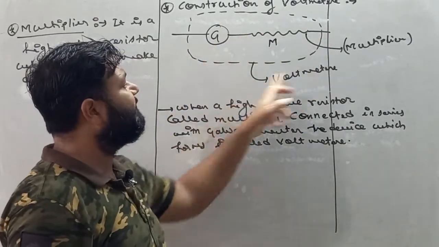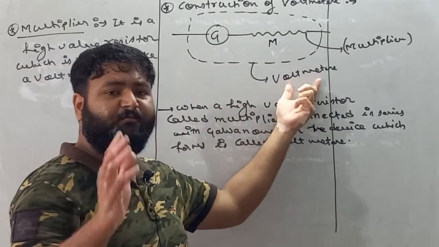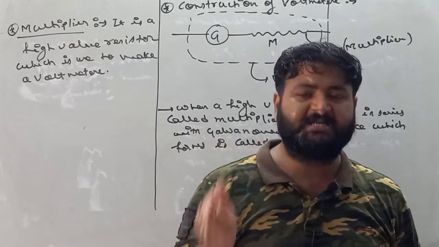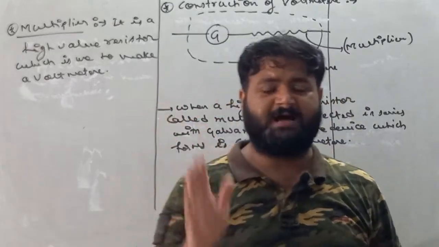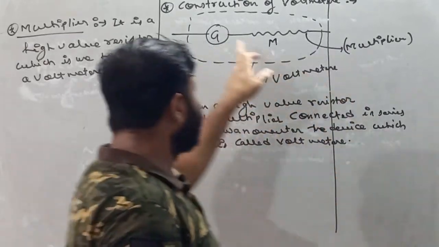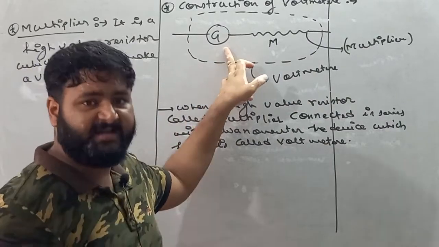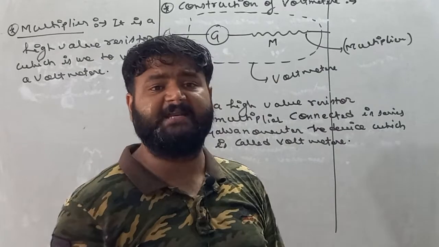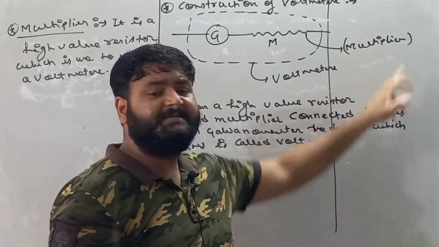The combined device which forms is called voltmeter, and voltmeter is a potential measuring device. So I hope you all understand. This G is the resistance of galvanometer. This M is the resistance of the high value resistor called multiplier.